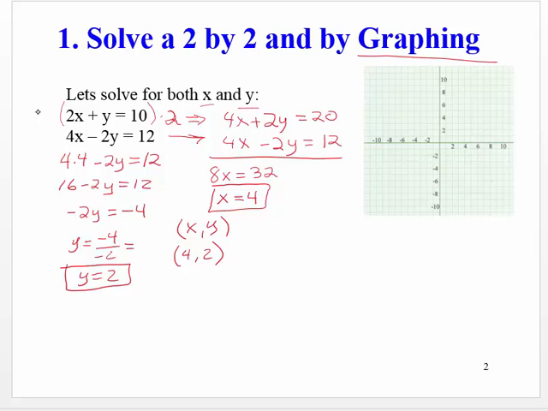Let's graph this line. Let's call it L1. We let y is equal to 0. We get 2x is equal to 10, and x is equal to 5. So we have the point 5 comma 0, which is plotted right here.